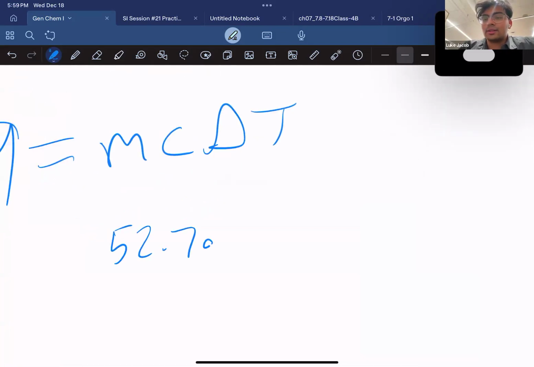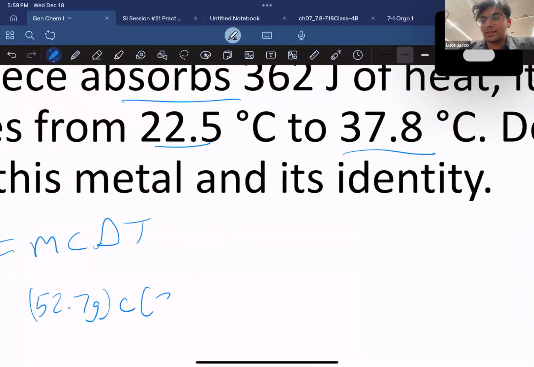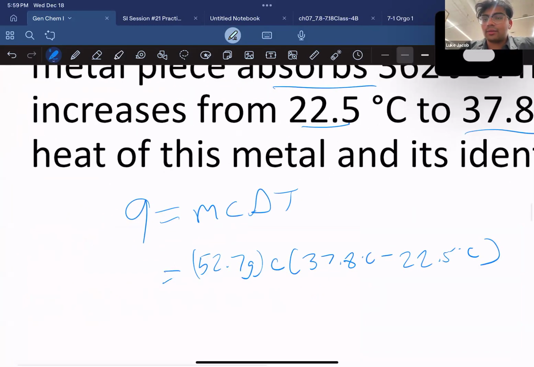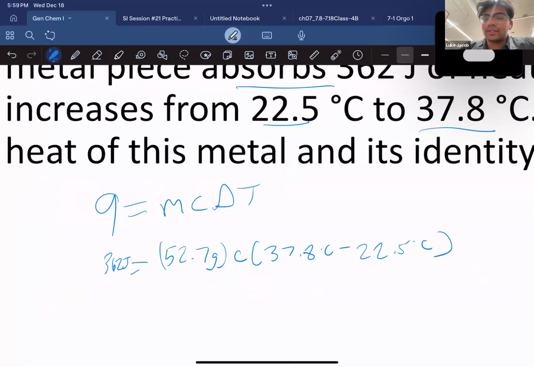We have mass, right? This is a mass. We don't have specific heat. We have delta T because that's 37.8 degrees Celsius minus 22.5 degrees Celsius. And we have Q. Q is 362 joules. In order to find C, you just isolate it.